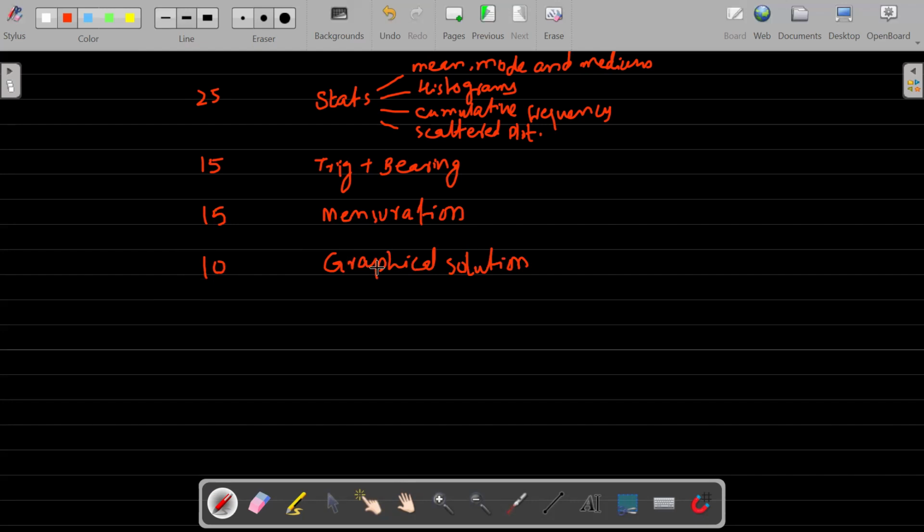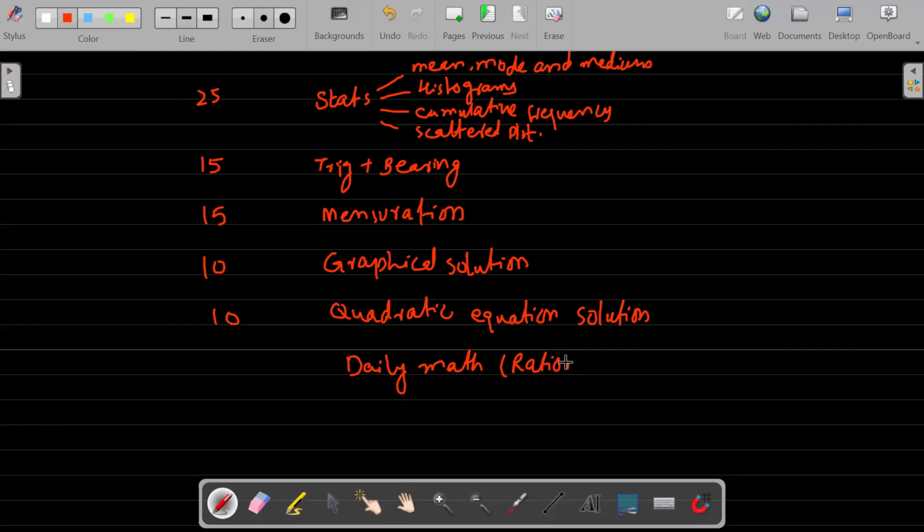Then quadratic equation solutions, which also contain 10 marks. Then it comes daily math, and in daily math we have ratio, maps, percentage, and interest. It also contains 10 marks.